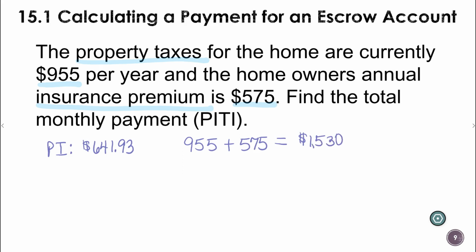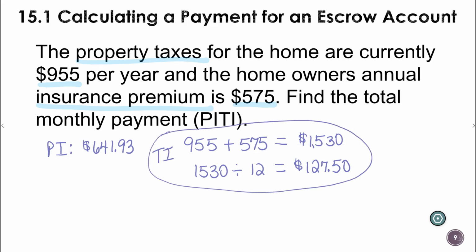And then we're going to divide that number by 12. And you do round to dollars and cents if necessary. This one comes out to $127.50. And remember, this is the TI portion of your payment.